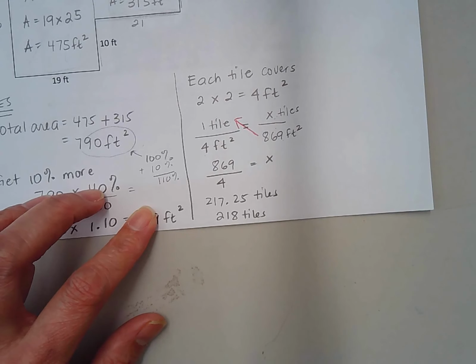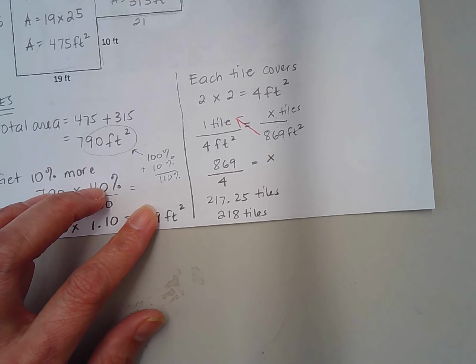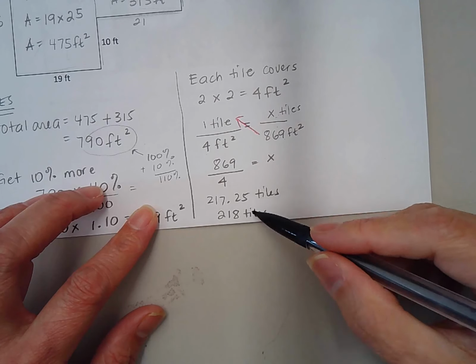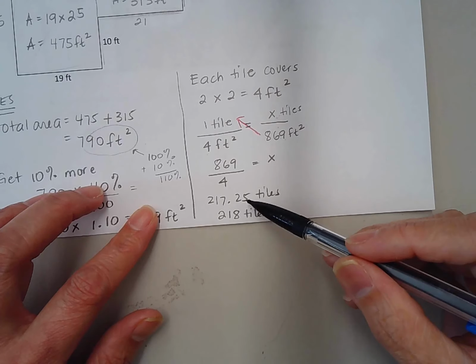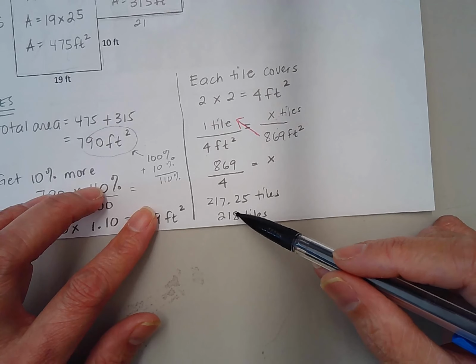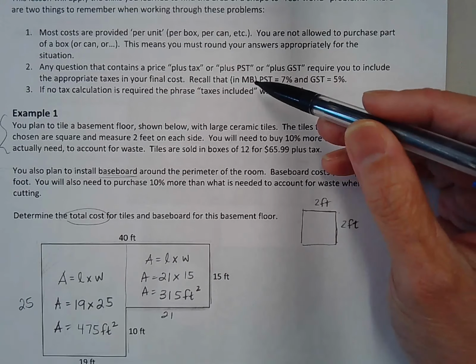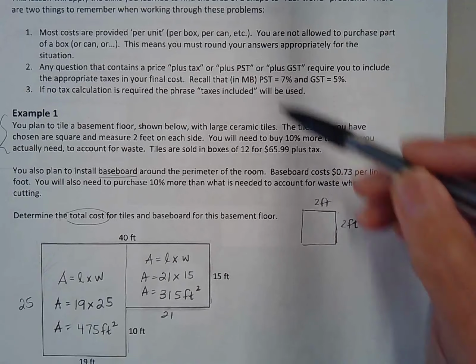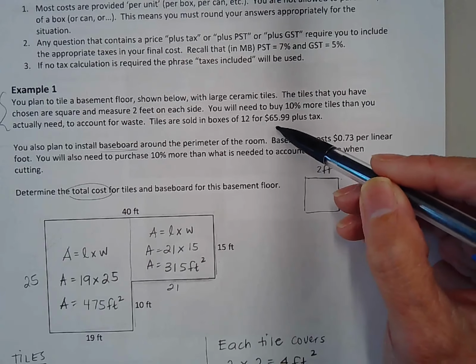We have to round it up. This is where appropriate rounding comes in. I think we might be able to get away with 217, because later on we're going to buy it per case of 12.